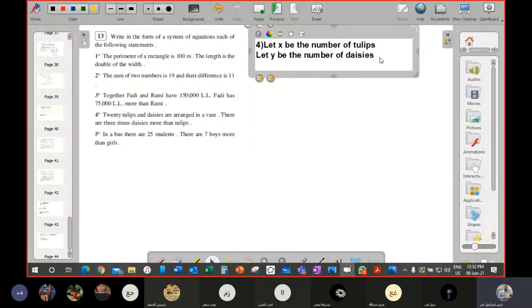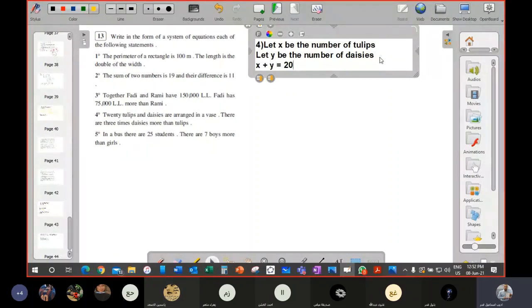So, first equation, Yasmin: x plus y equal 20, because we have 20 tulips and daisies arranged in a vase.